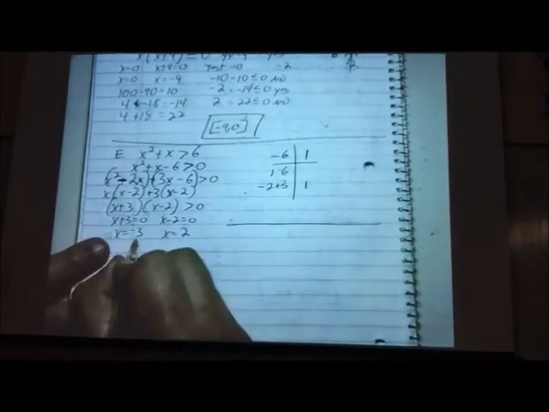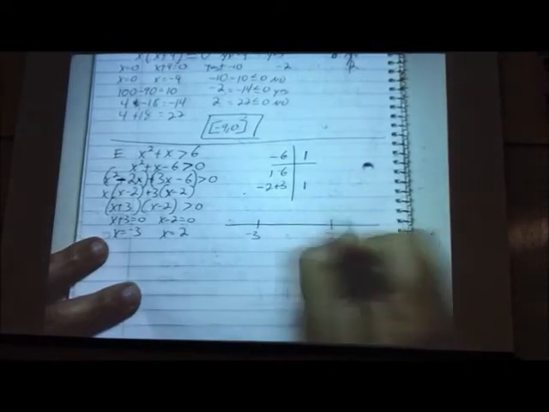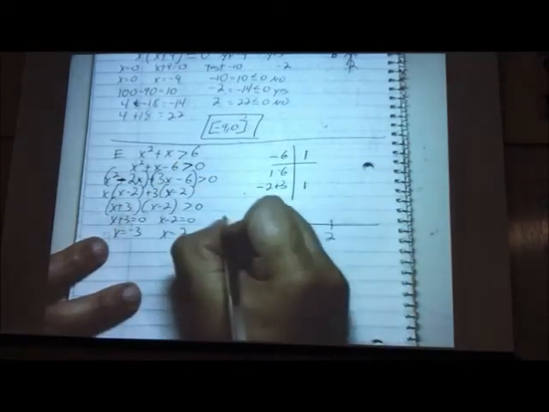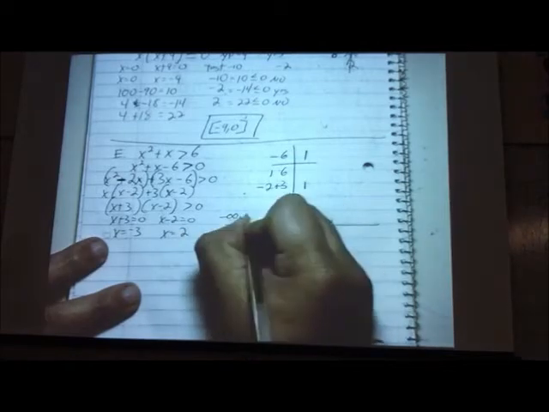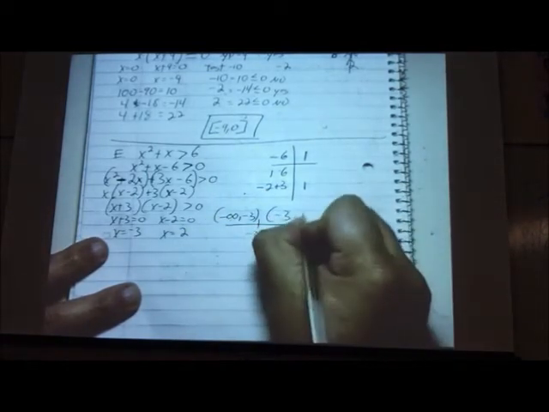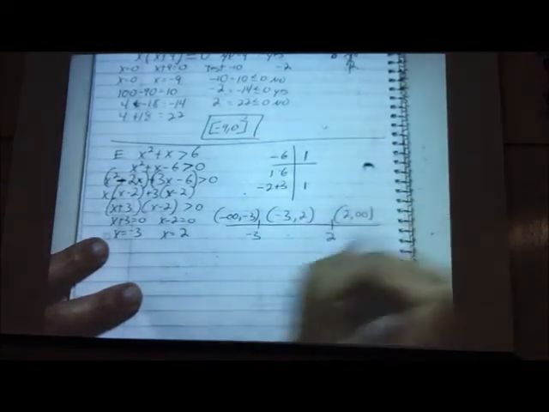My smallest number is negative 3, and my largest number is 2. Find your points. Remember, we're not working with an equal to, so we're working with just greater than. It's negative infinity to negative 3, both parentheses. Negative 3 to 2, parenthesis, 2 to infinity, parenthesis.